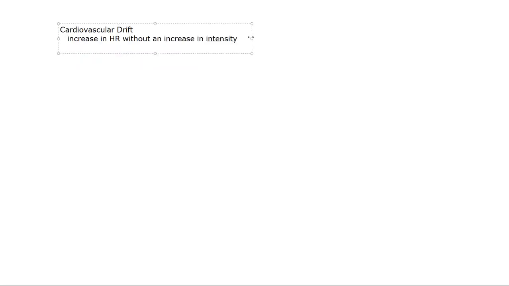So this is abnormal. Normal would be for heart rate to stay the same, but heart rate is creeping up, it's drifting up, cardiovascular drift. So it's important that in the example I gave you, you're in a hot environment. Cardiovascular drift tends to happen in a hot environment with prolonged exercise.